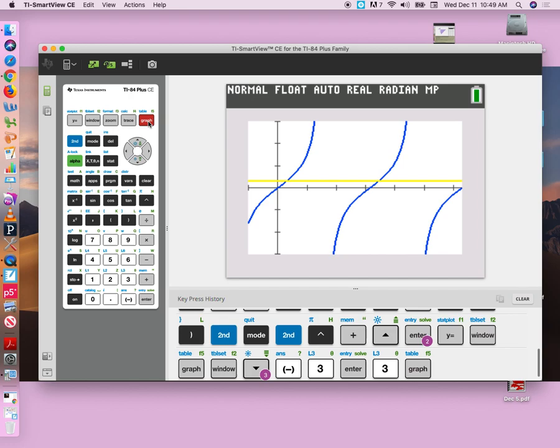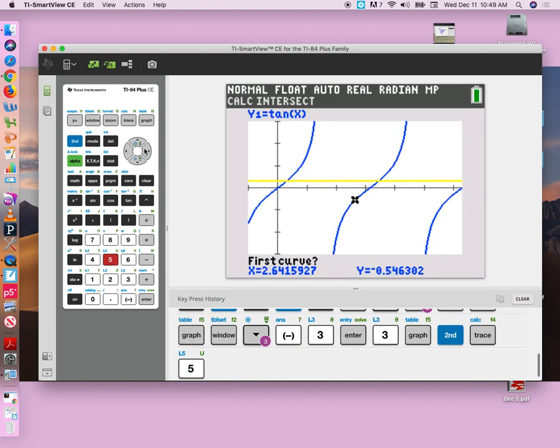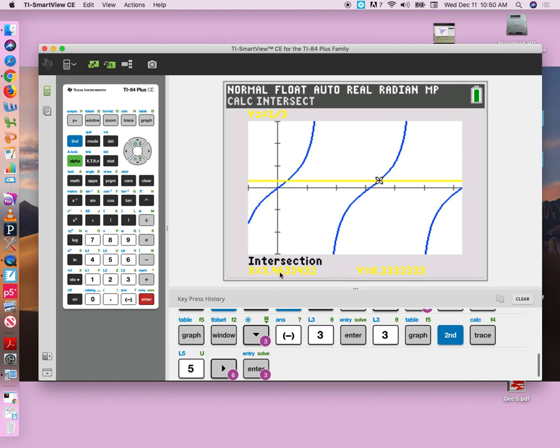What buttons would I have to push here though? Second, calc, intersect. You've got to be close to the intersection before you hit enter, enter, enter. And I'm sorry that's in yellow, but can we barely read it? That's 3.463.